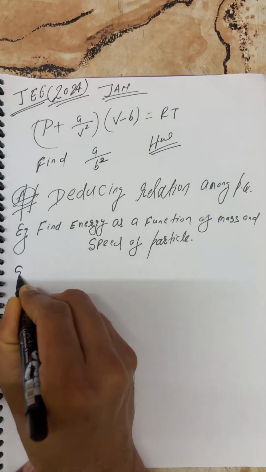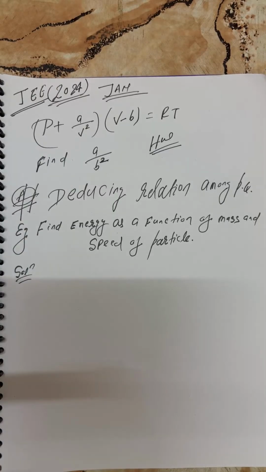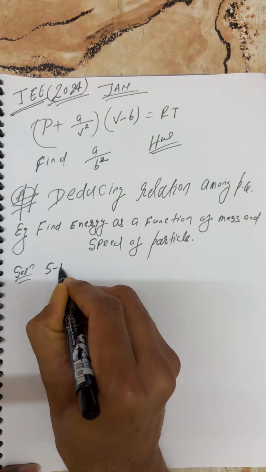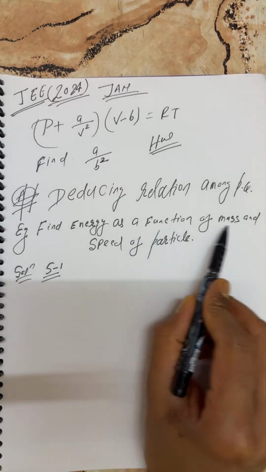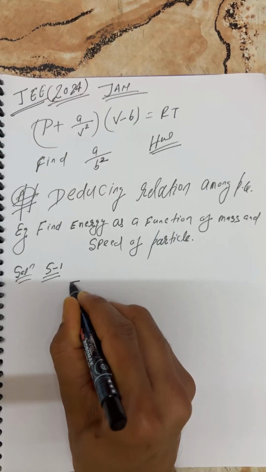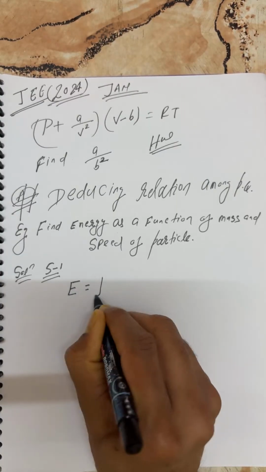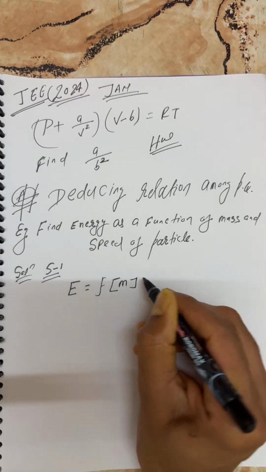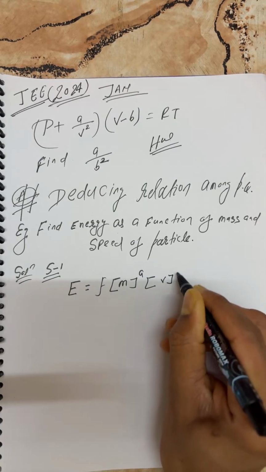So students, in the solution, I'll do it step by step. This is step number 1. What does the question say? Energy is a function of mass and speed. So write energy on the left side, as a function of mass to the power a and speed to the power b.